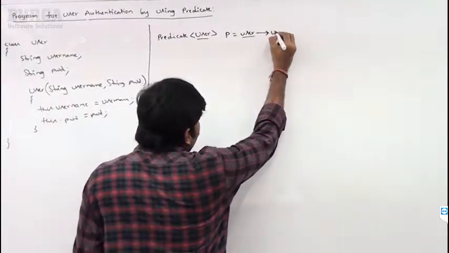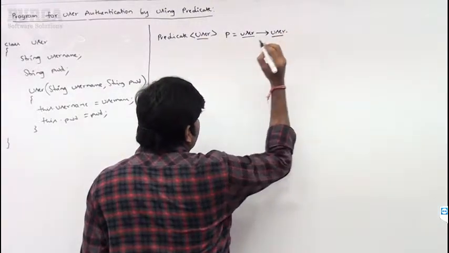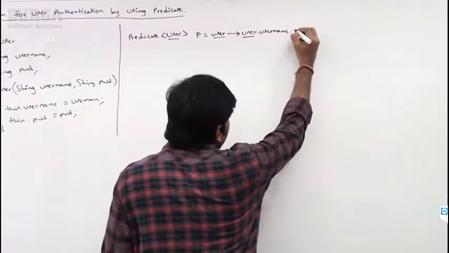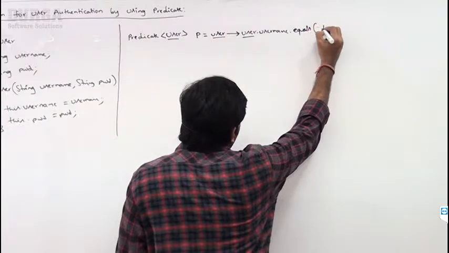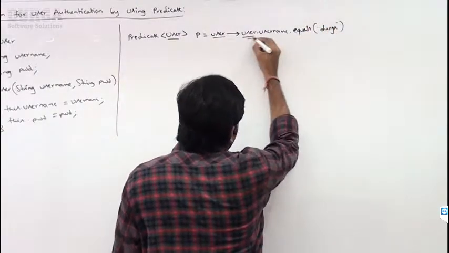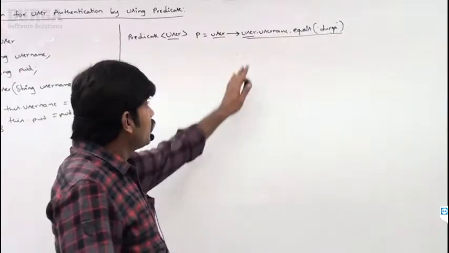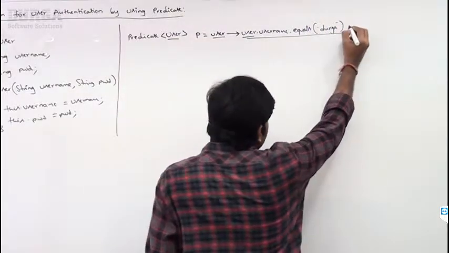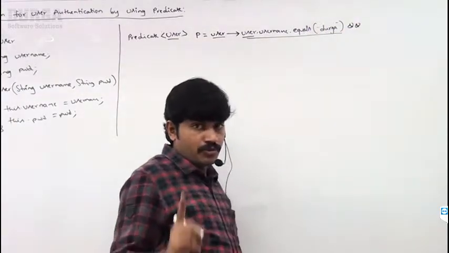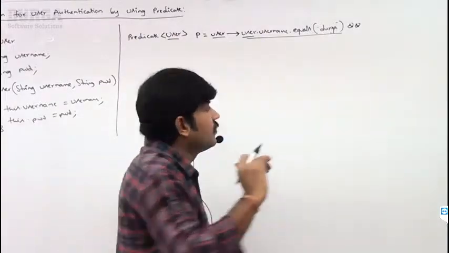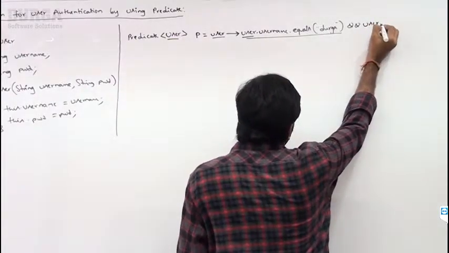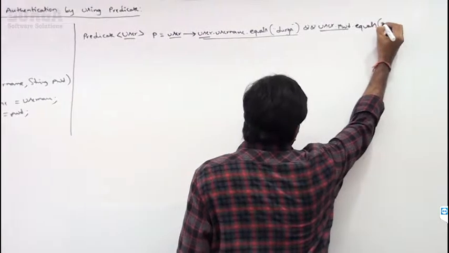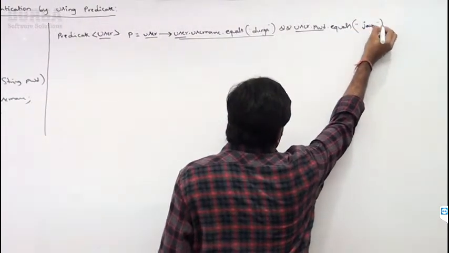How to check? user.username.equals("Durga"). Compulsory it should be dot equals of Durga. And the username should be Durga and password should be Java, so user.password.equals("Java").